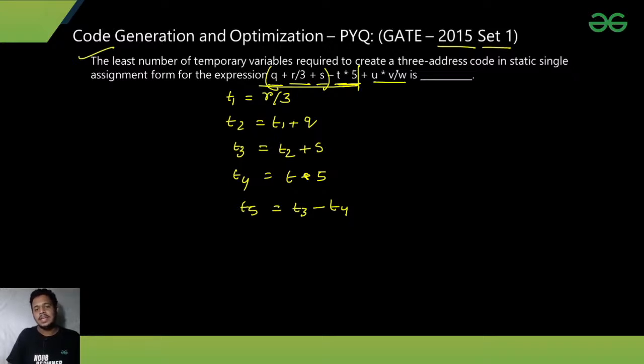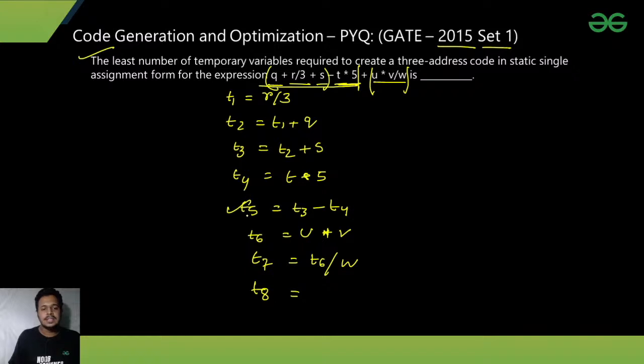Now let's evaluate this expression. So t6 is u multiplied by v, and let's take t7, it is basically t6 divided by w. Okay, so t7 is the ultimate one that is containing this part. So let's take t8 which is adding this t5.